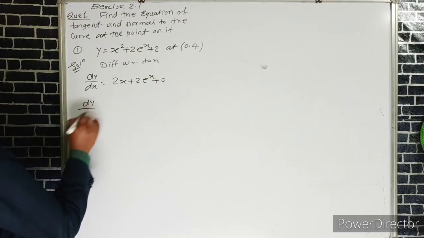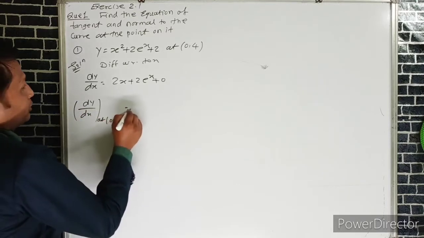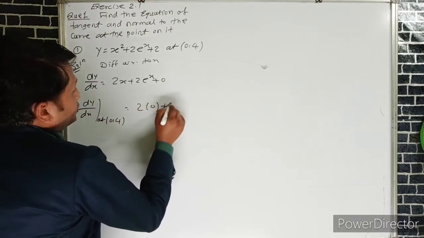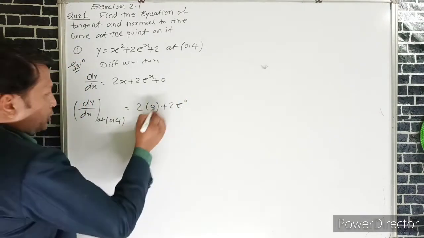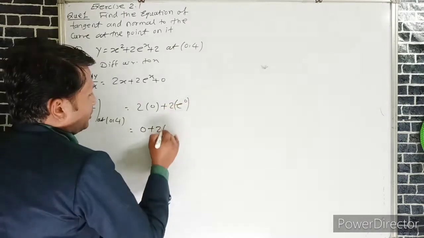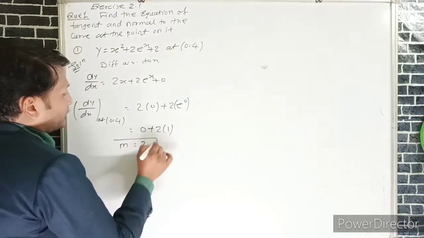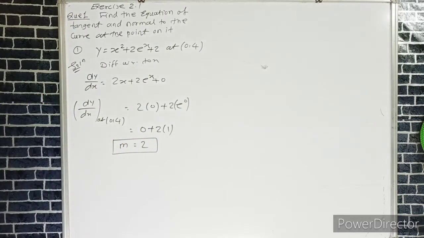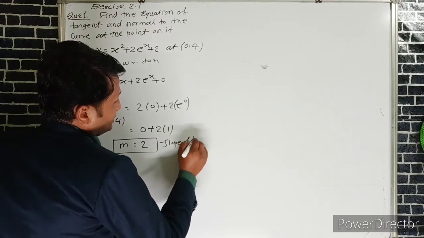Now dy by dx at (0, 4) is equals to 2 into 0 plus 2 into e to the power 0 plus 0. 2 into 0 which is 0 plus 2 into value of e to the power 0, 1, which is 0 plus 2, 2, required slope of tangent. Here m is slope of tangent.